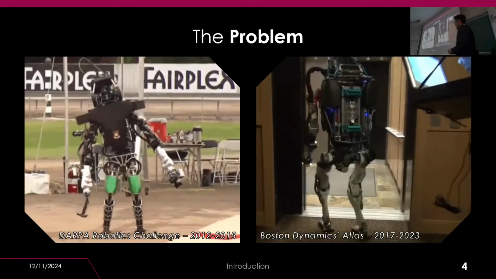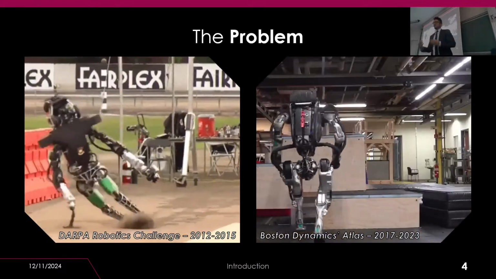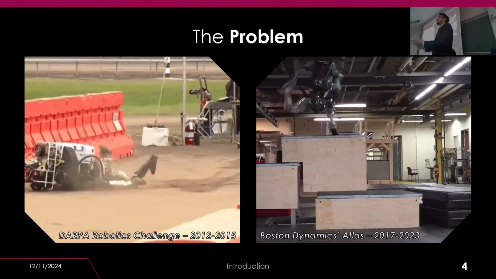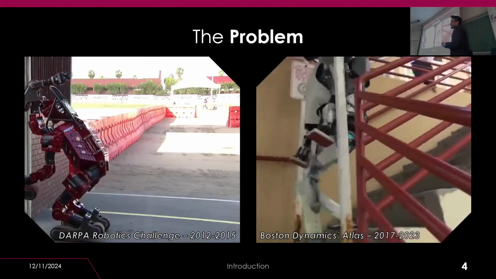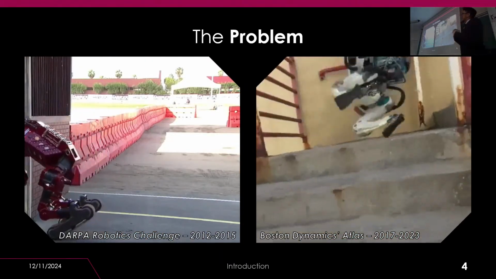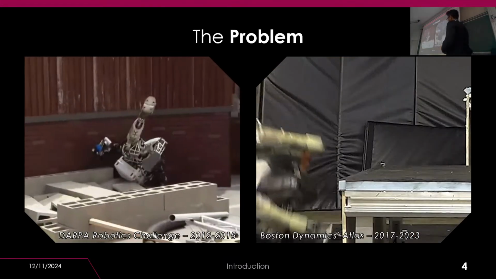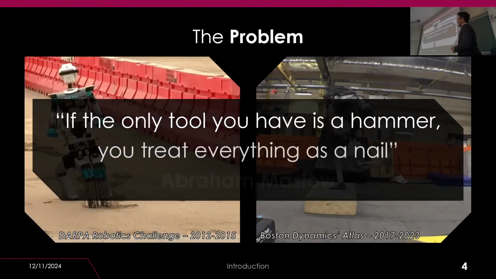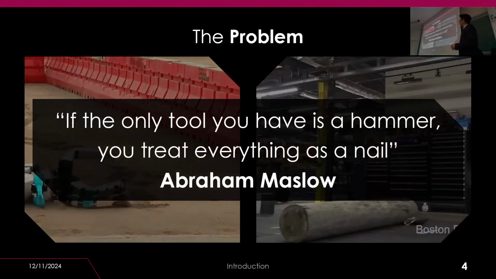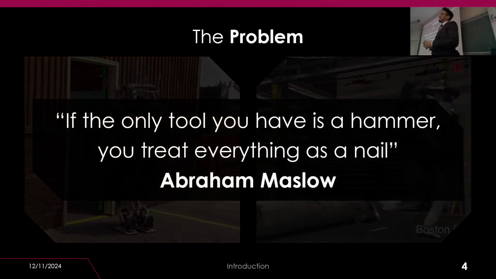They are very clumsy, and I believe they're clumsy because of how we approach problem solving in robotics, specifically when it comes to intelligence and to movement learning, movement planning, and so on. As Abraham Maslow said, if the only tool you have is a hammer, you will treat everything as a nail.